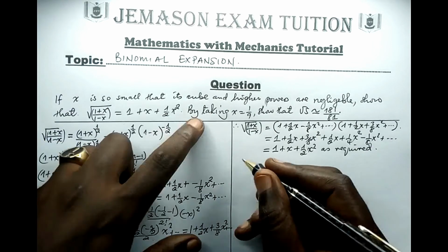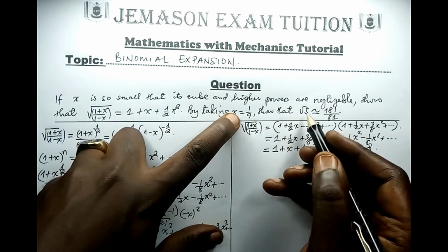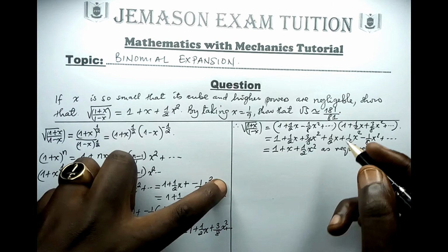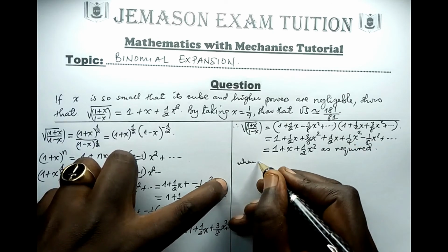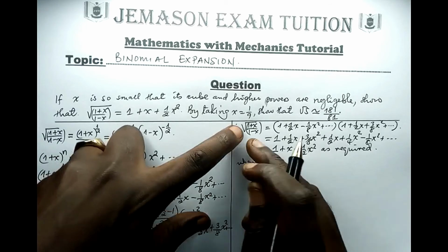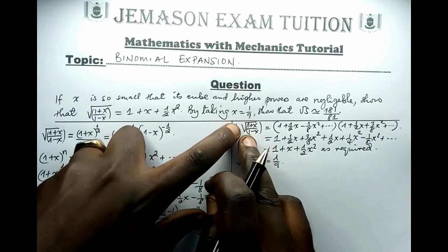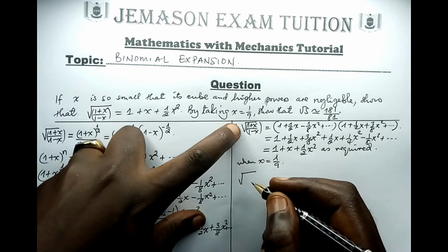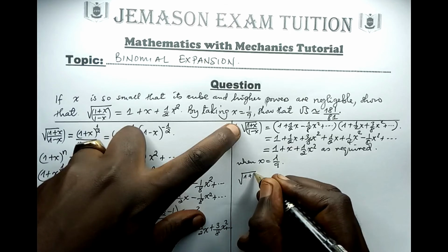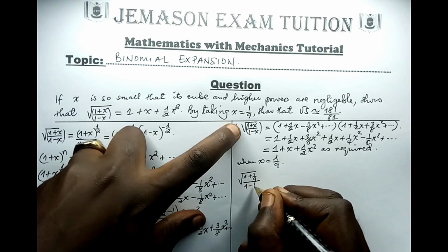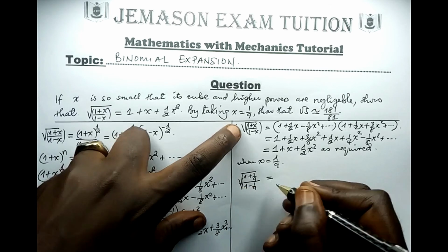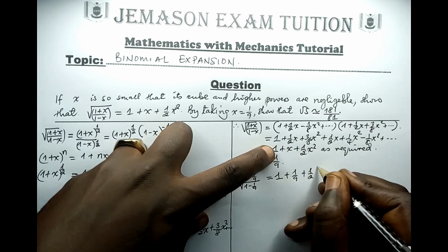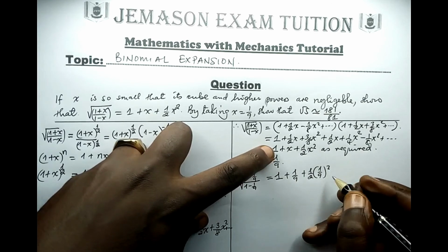The next part says, by taking x equal 1 over 9, show that root 5 is approximately equal to 181 all over 81. So when x equals 1 over 9, substituting x on the left hand side and on the right hand side, we get the root of (1 plus 1 over 9) all over (1 minus 1 over 9) equals 1 plus 1 over 9 plus half into (1 over 9) all squared.